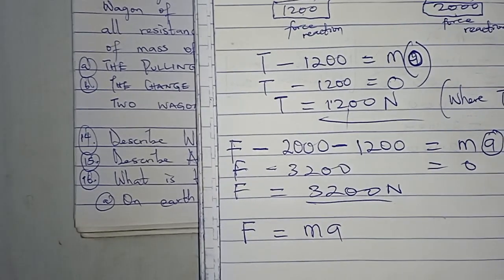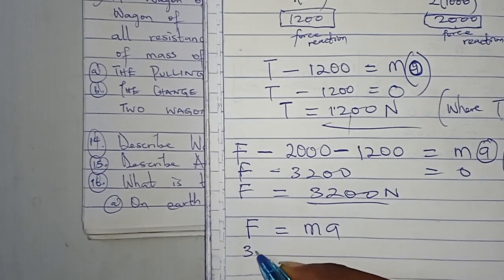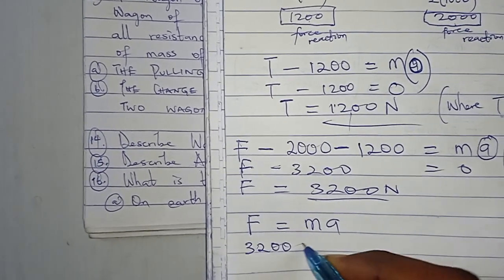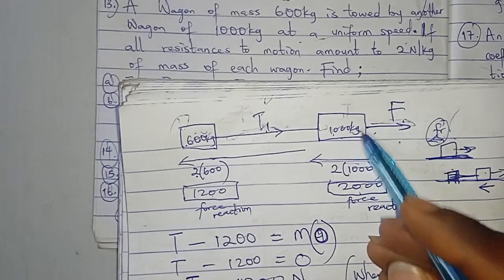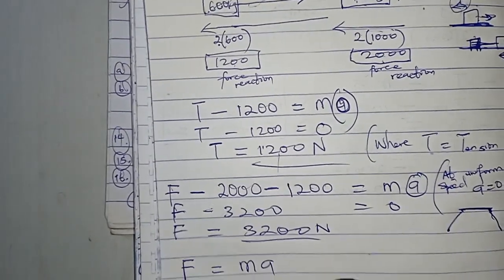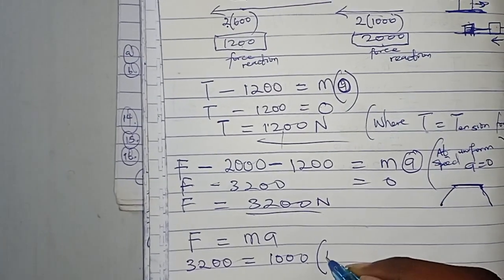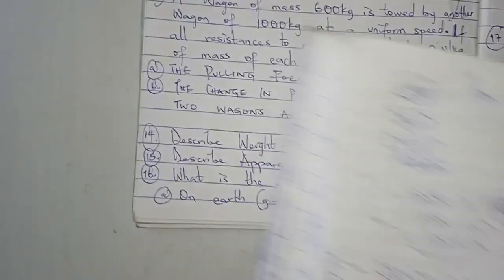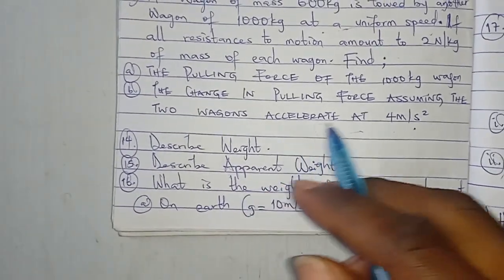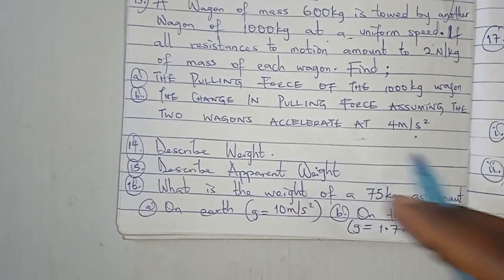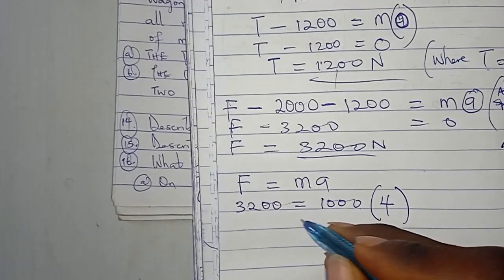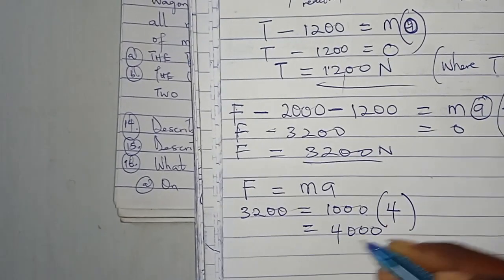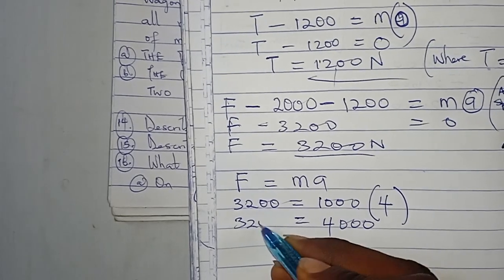So it's simply the same thing as saying 3,200 is equal to the mass of the object there. Notice that this is the body that is being pulled, which is 1,000. Then acceleration is 4 meters per second square. That's what they said. So this is going to be the same thing as saying 4,000 equals 3,200.